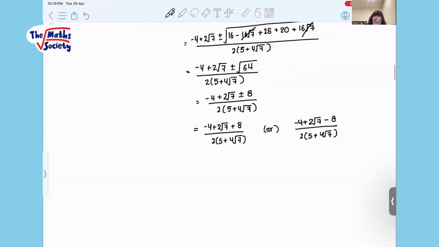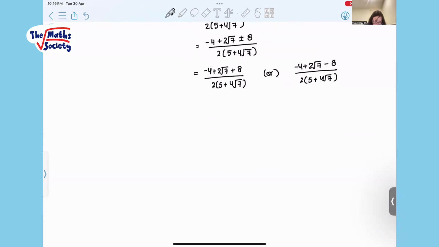Okay, so we know we cannot leave the root under here, so we have to multiply with its conjugate to find the exact answer. So it'll be, because it's minus 4 plus 8, we get 4 plus 2 root 7 divided by 2 times 5 plus 4 root 7, or this is going to be minus 12 plus 2 root 7 divided by 2 times 5 plus 4 root 7.